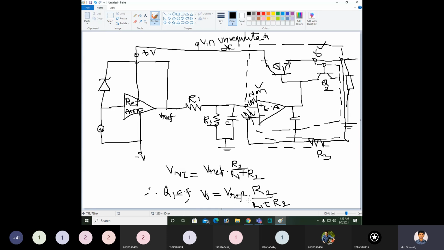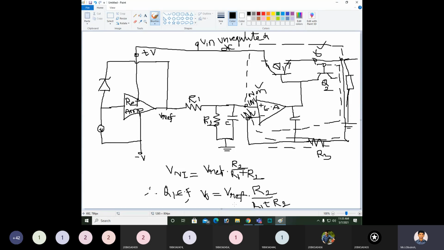So V0 is equal to V reference times R2 by R1 plus R2. If the output voltage becomes low, the voltage at the inverting terminal of the error amplifier also goes down.